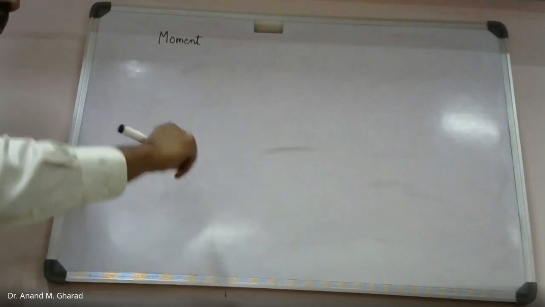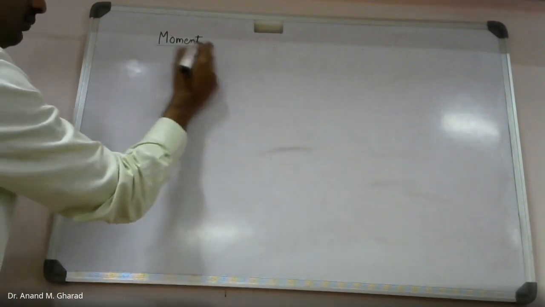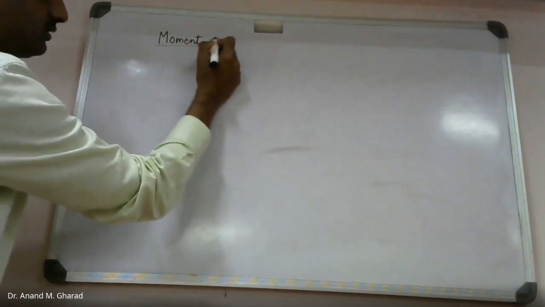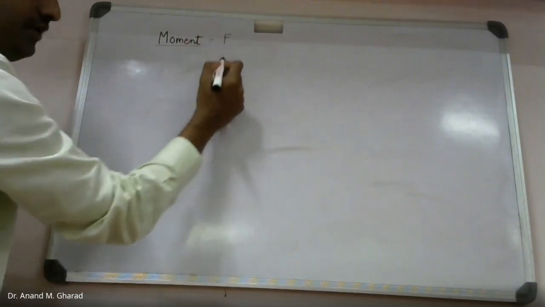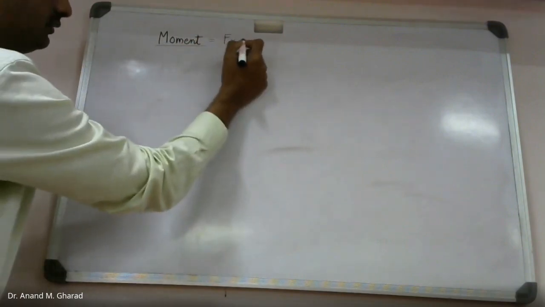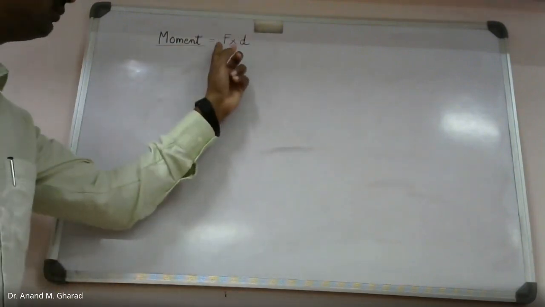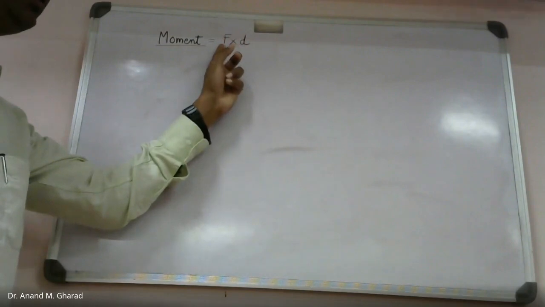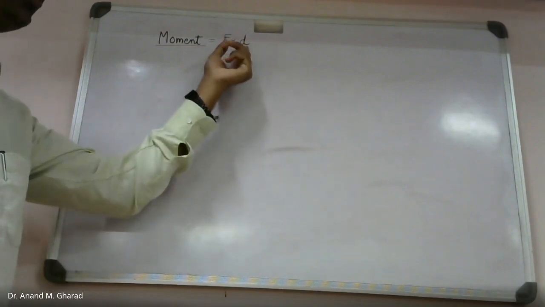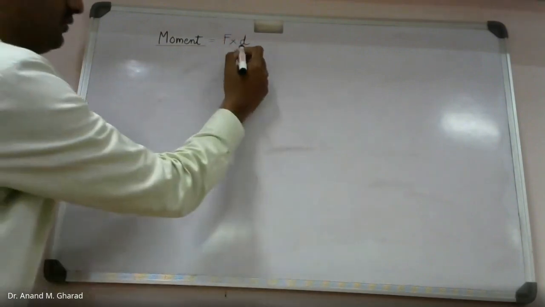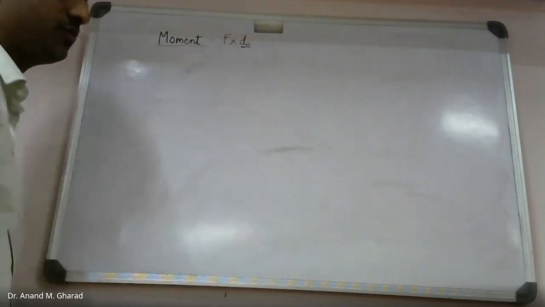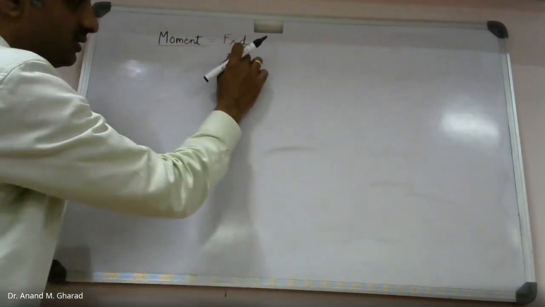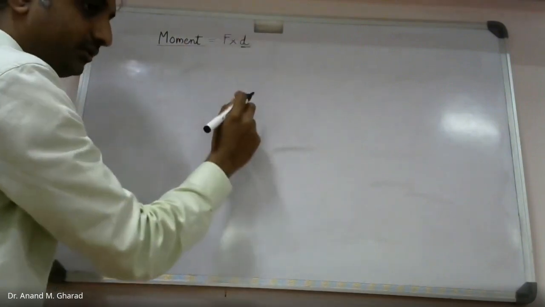It will produce a rotatory type of motion, which we call moment. Mathematically, it is described in this manner: if force F is applied about a point, then the distance between the line of action of the force and the moment center, given as small d, is the perpendicular distance between these two things.